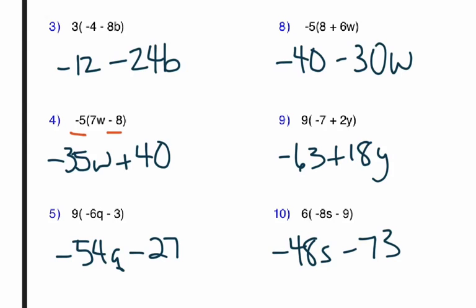Nope. Yeah, 6 times 9. No. 6 times 9 is 54. I don't know where I got 73 from. Okay, so hopefully you understand that and you can do this.